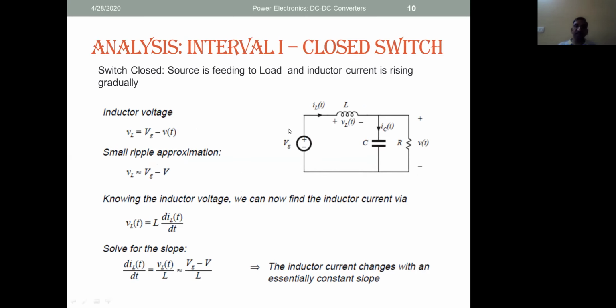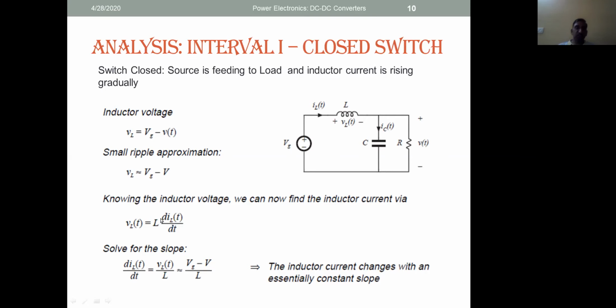So inductor voltage VL is Vs, which is the source voltage, minus v of t, which is the instantaneous voltage at the load side. So my inductor voltage keeps on rising during the closed switch period. So if I want to approximate the ripples, VL can be approximated to Vs minus V, capital V, over here.